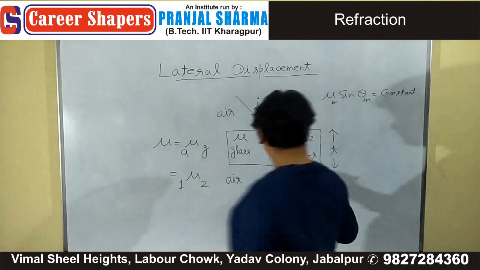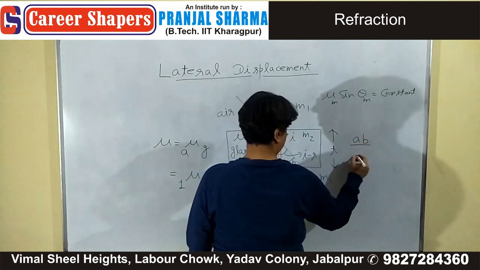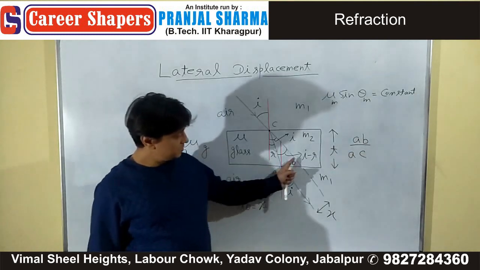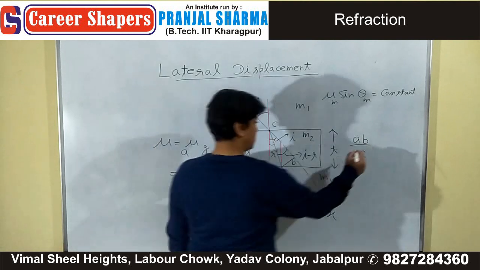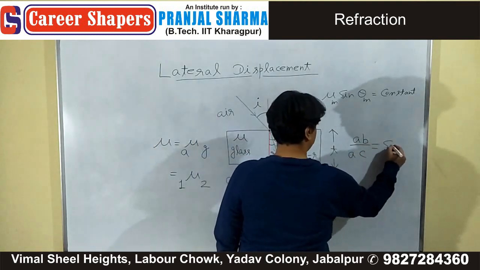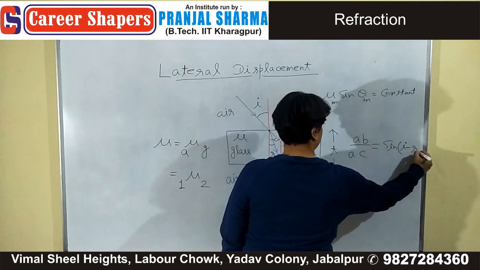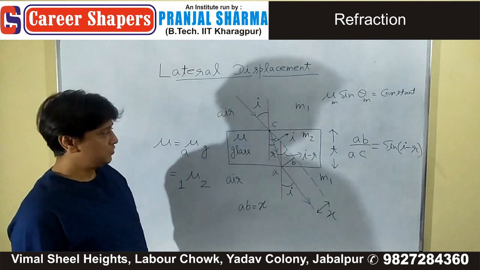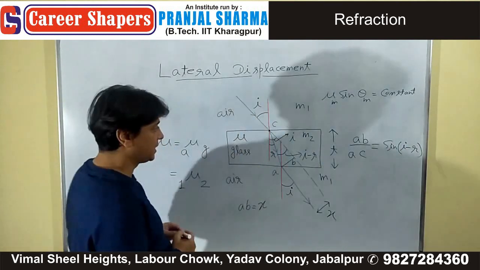Look here. AB upon AC is sine of I minus R. We just need AC now. It is also very clear.